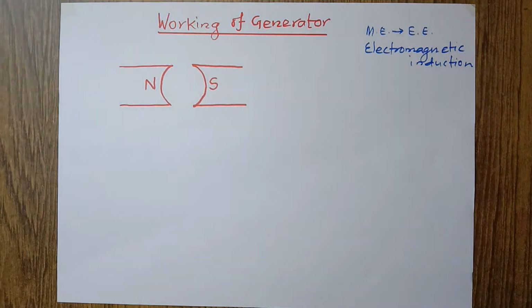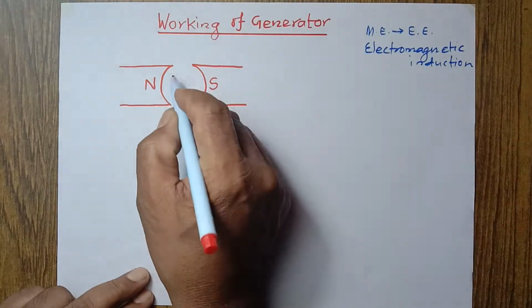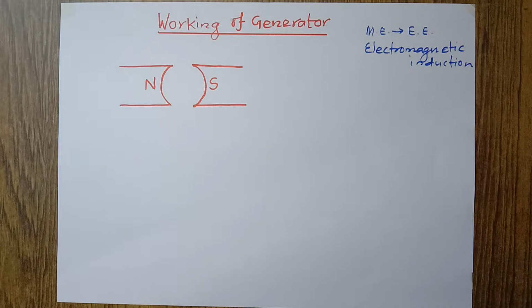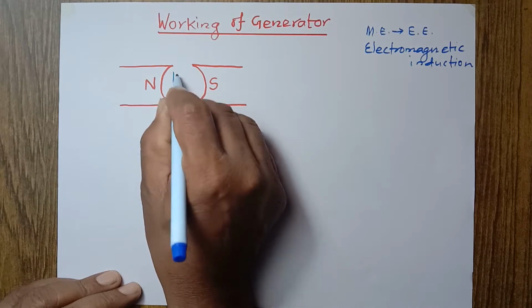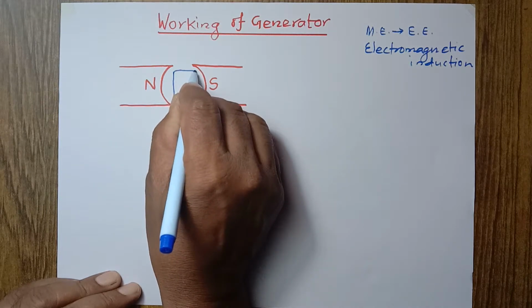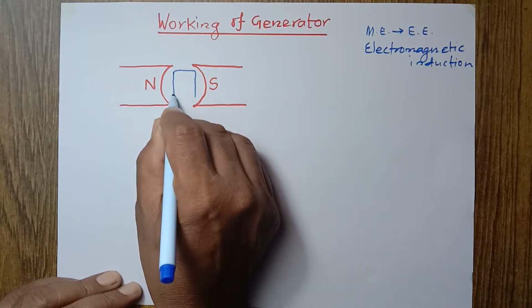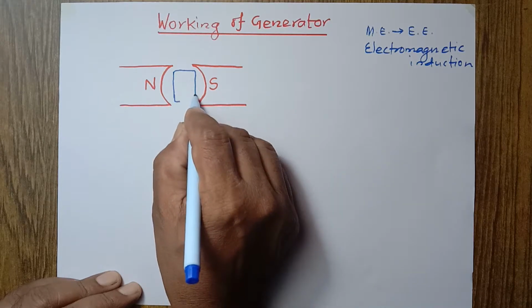A coil having an iron core is placed between the poles. Look at this, I'm going to make a coil here. Let's say this is a coil.